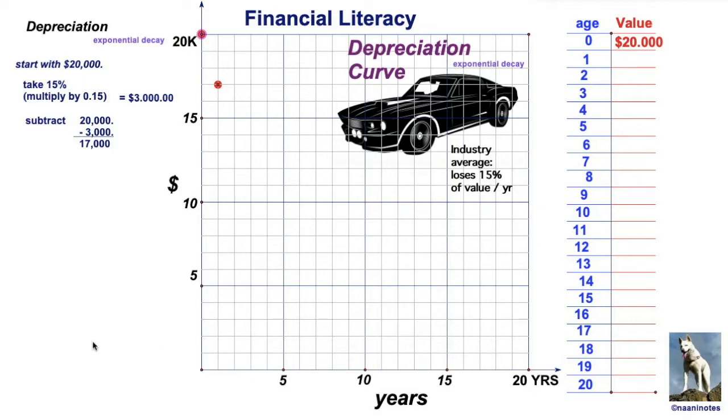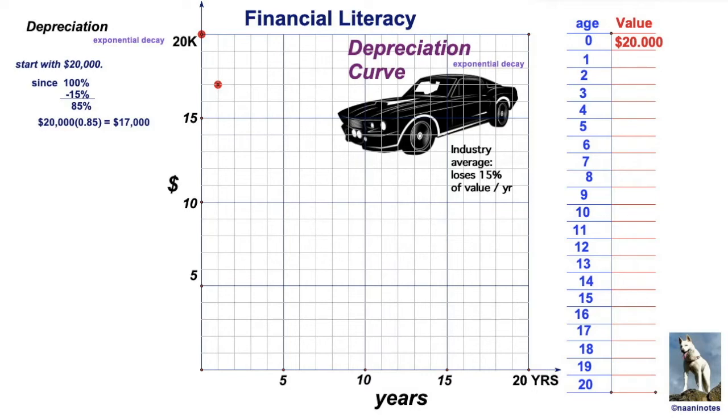Now, this is kind of a tedious way to do things because I'm taking 15% and subtracting it. Why don't you just do this? Since 15% taken away from 100% leaves me with 85%, just take your $20,000 times 0.85. 15% is going away, which means 85% is staying.